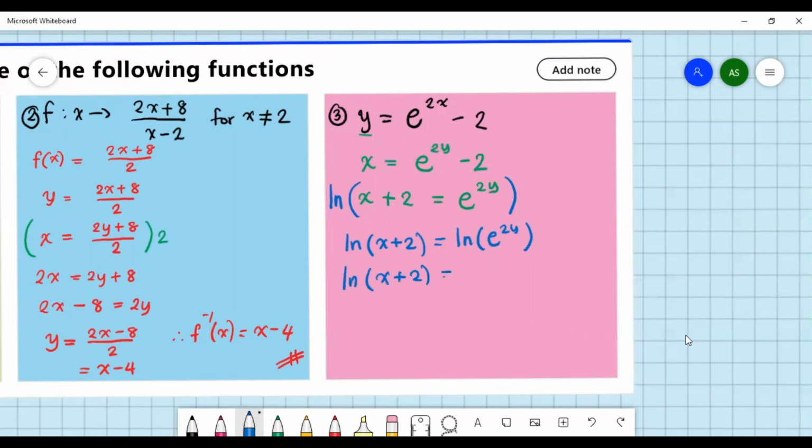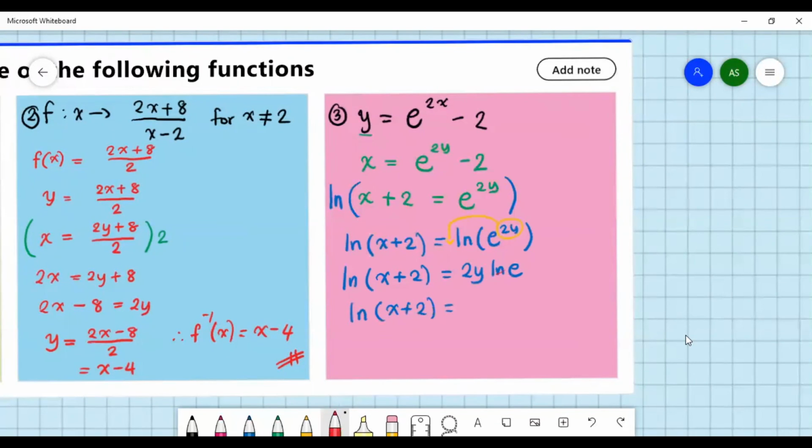And ln of e to the power of 2y is the same as the power going to the front, so that will give us 2y ln of e. However, ln of e is actually just 1.